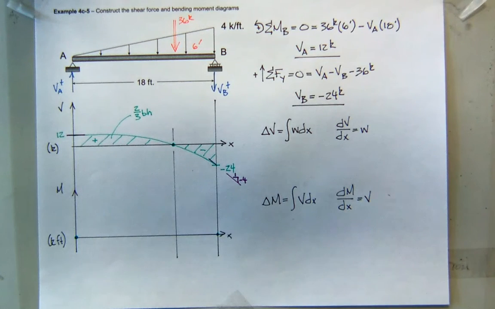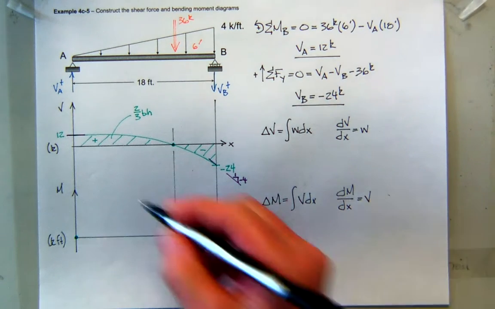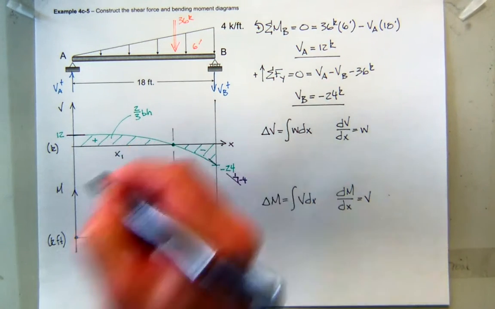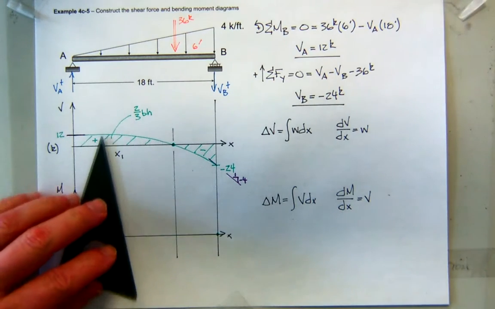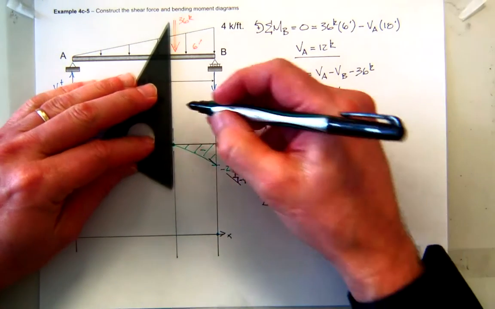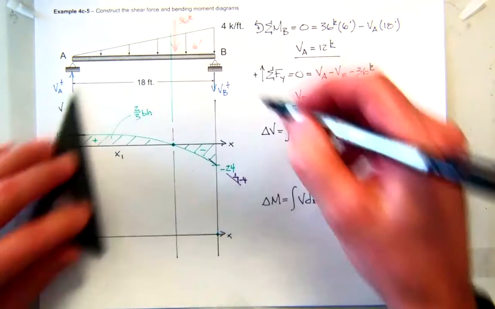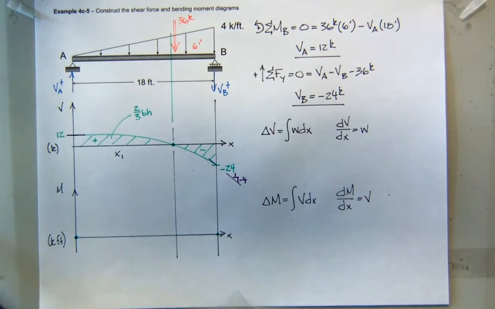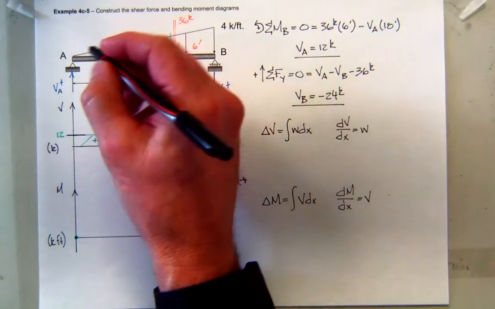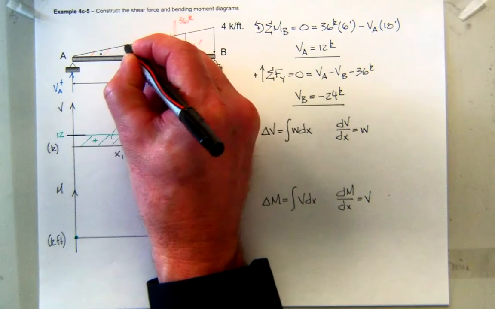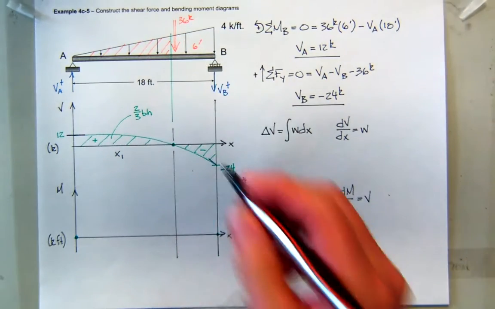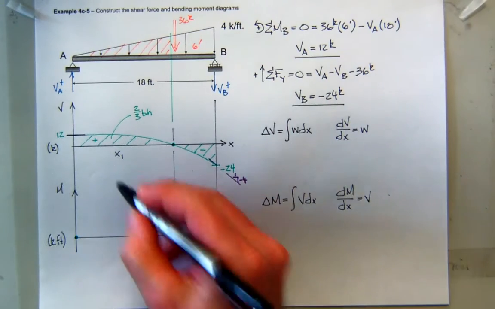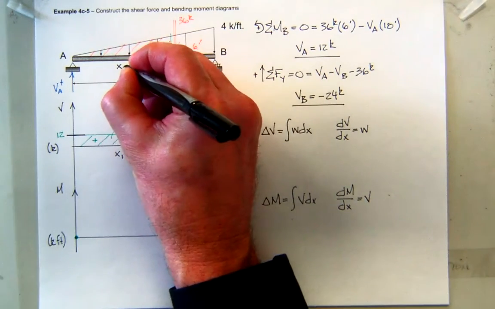I'll show you as far as I think we can go. What is this distance x1? Well, if you project that up, let me see if I can find a different color here. And I look at the area under the load curve. So if that distance is x1, this distance is x1.